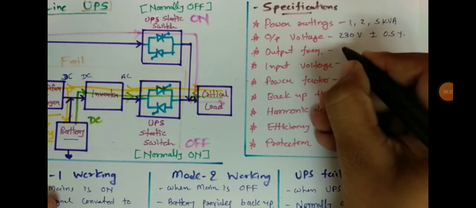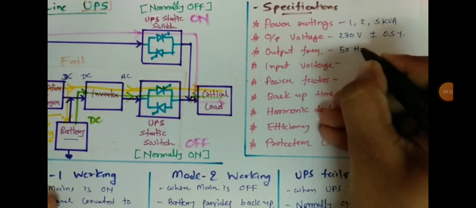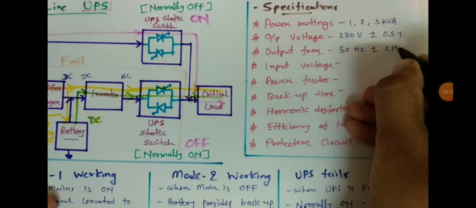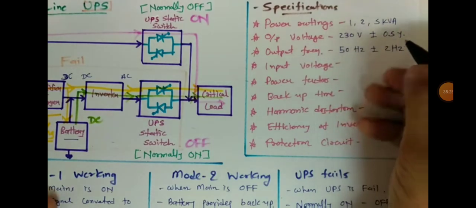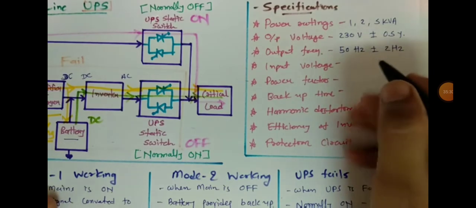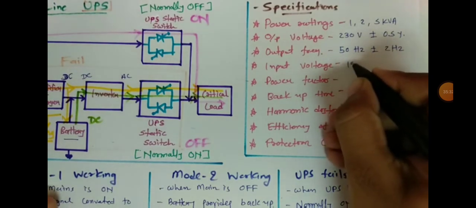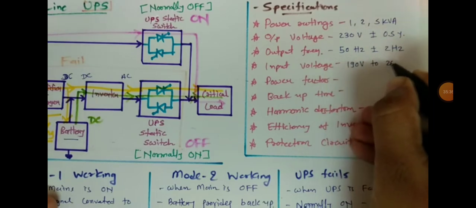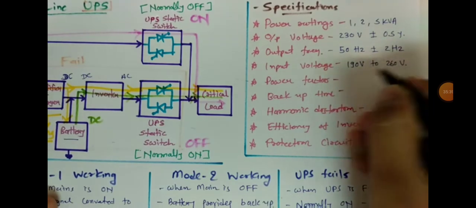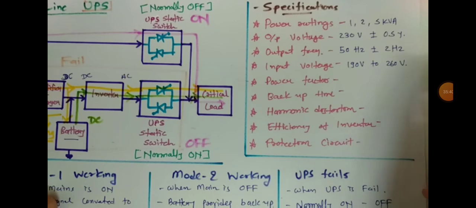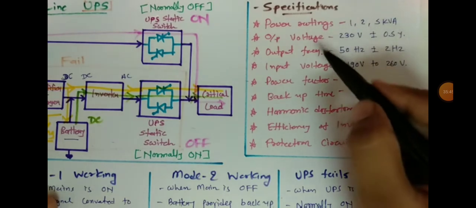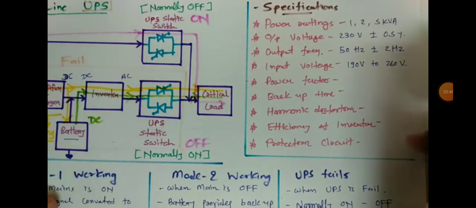Output frequency is 50 hertz plus or minus 2 hertz. Input voltage range varies from 190 volt to 260 volt. If input varies in this vicinity, there is no problem. It will provide steady voltage, as we have seen at output voltage and output frequency.